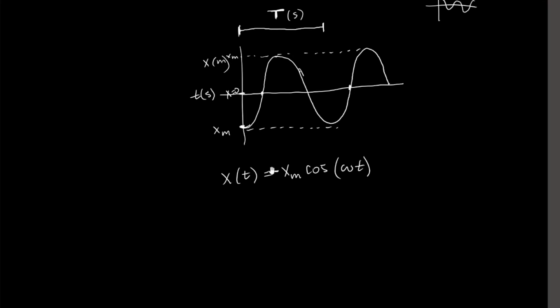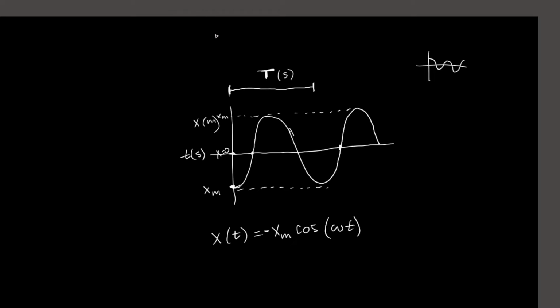This is somewhat the general form of a sine or cosine wave. So generally we might write x of t equal the amplitude. Maybe we have a sine wave. We have an angular frequency. And we might have some phase shift.